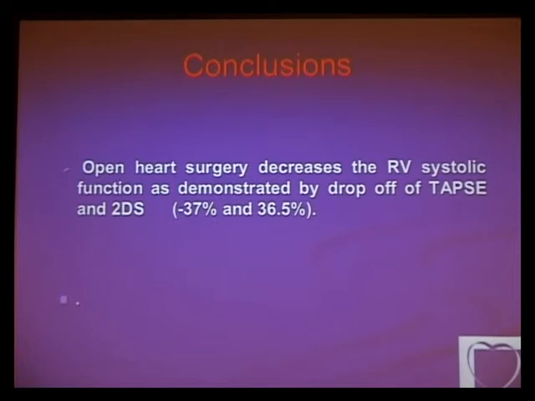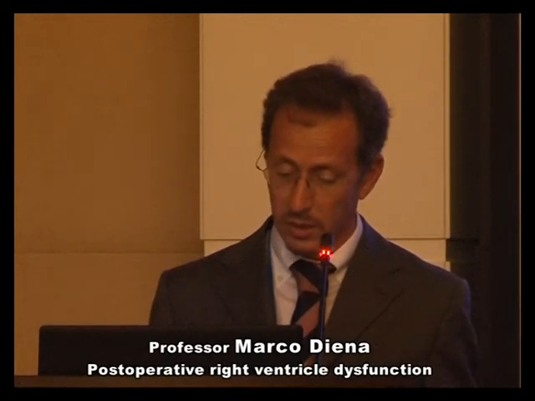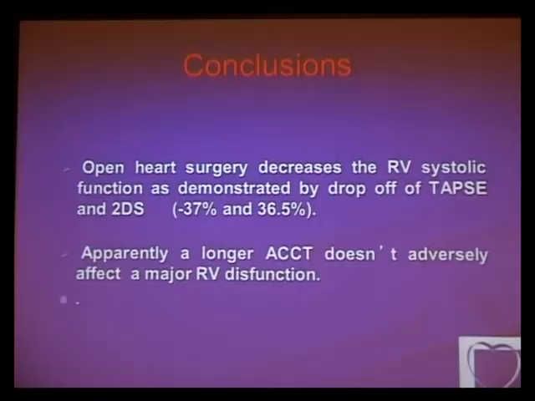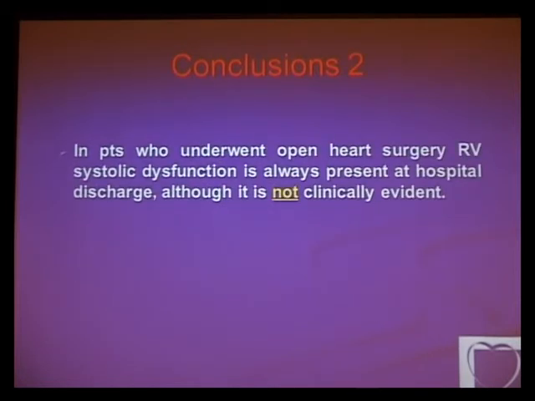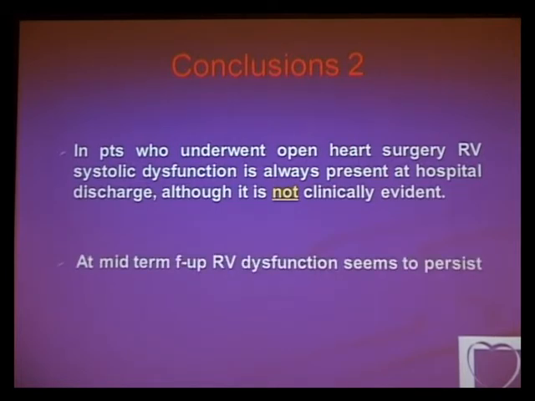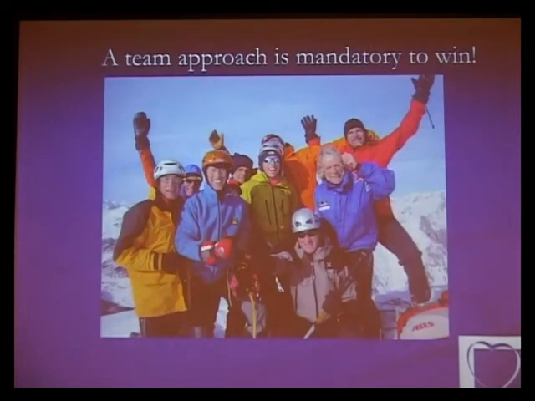This has also been demonstrated by other groups, by 37 to 36% in this study. The longer cross-clamping time did not affect it, but these were not very long operations. And of course, it is very important that in patients who undergo open heart surgery there is always a subclinical, not clinically evident, right ventricular dysfunction. In this situation, it tends to remain stable with time.